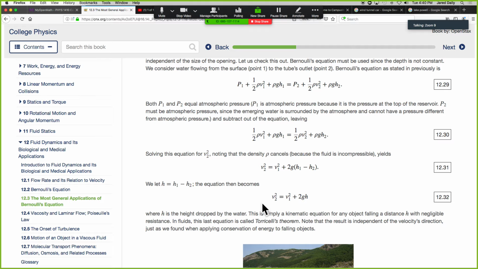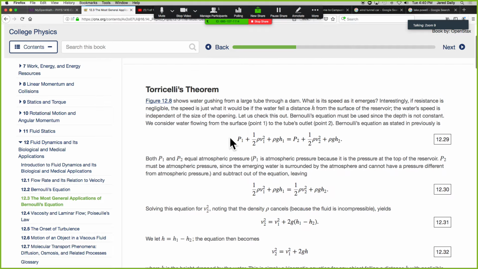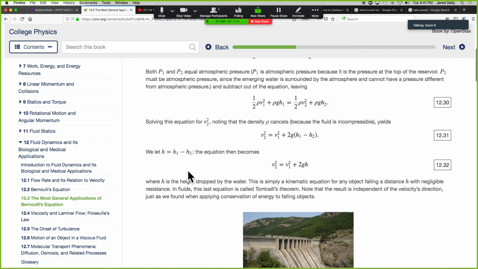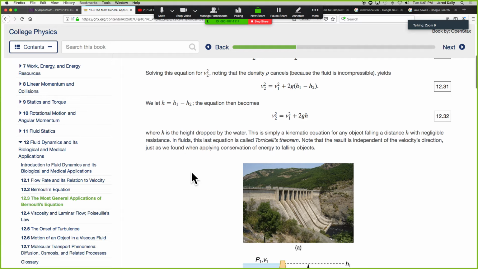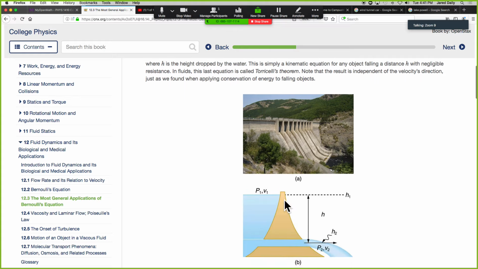And the pressure is not very different. If the pressure is pretty much the same in the beginning and the end, then it just cancels out. Torricelli's theorem is for calculating the speed of a fluid when it goes down from one height to another height, essentially. So if you want to know how fast water is coming out at the bottom of a dam like this, Torricelli's theorem is a good theorem for that.